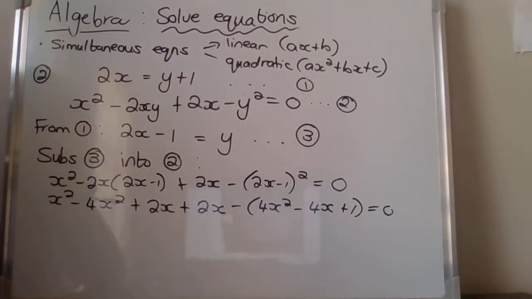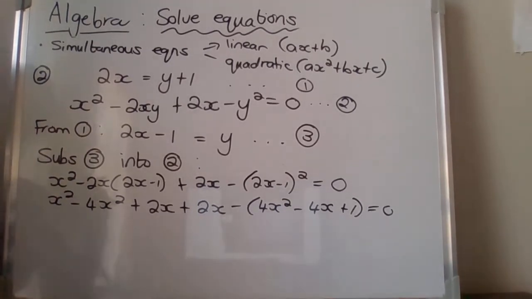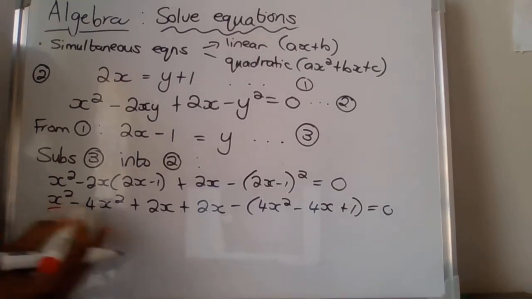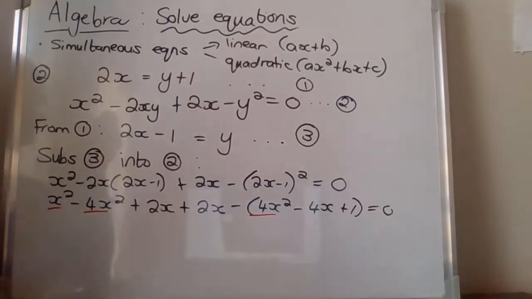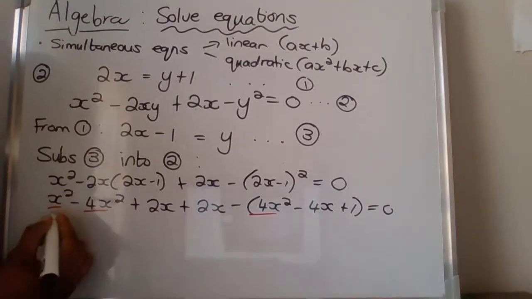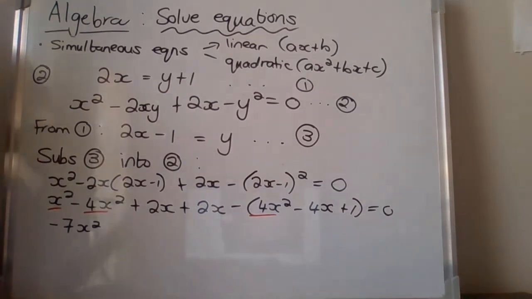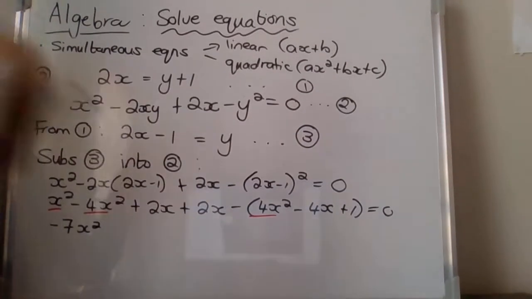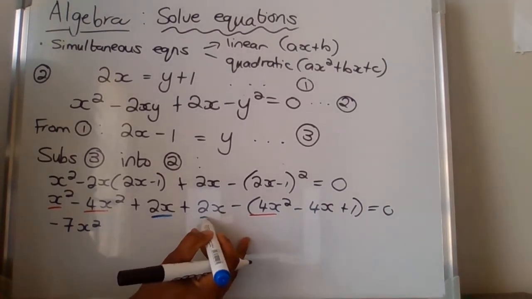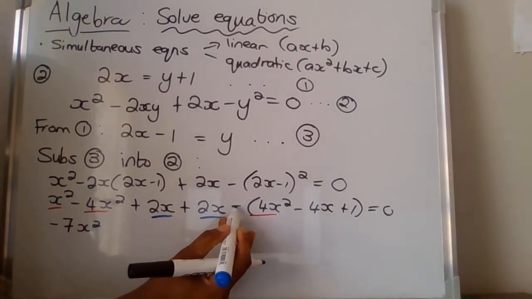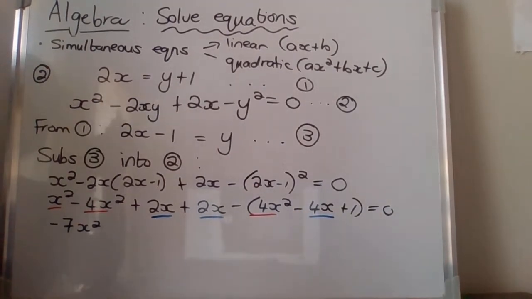So now I'm grouping my like terms together. I have x squared minus 4x squared minus 4x squared. So this gives me minus 7x squared. Then I group my x's. So it's 2x plus 2x, which is 4x. This is a negative, and a negative is a positive, so plus 4x.